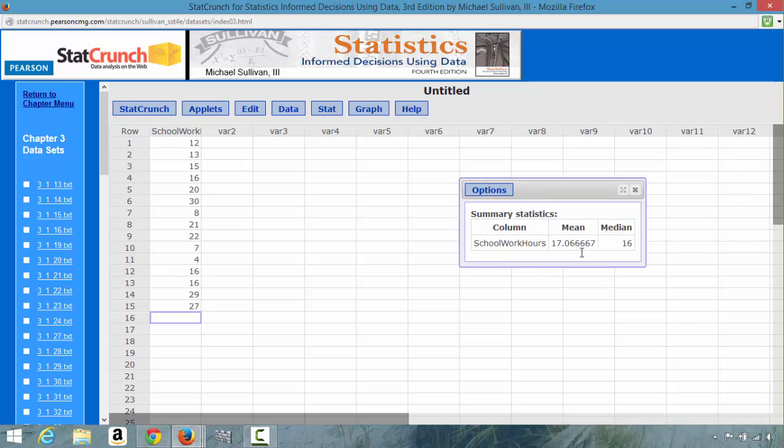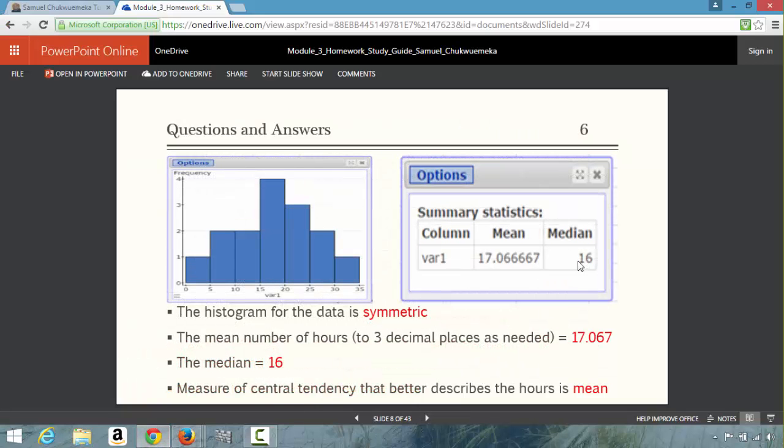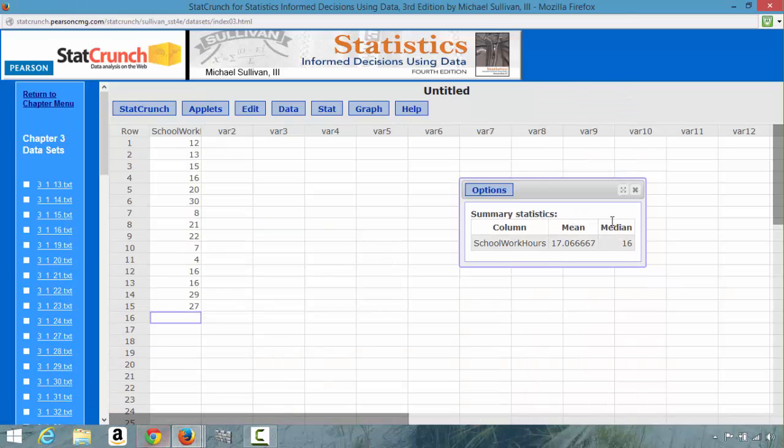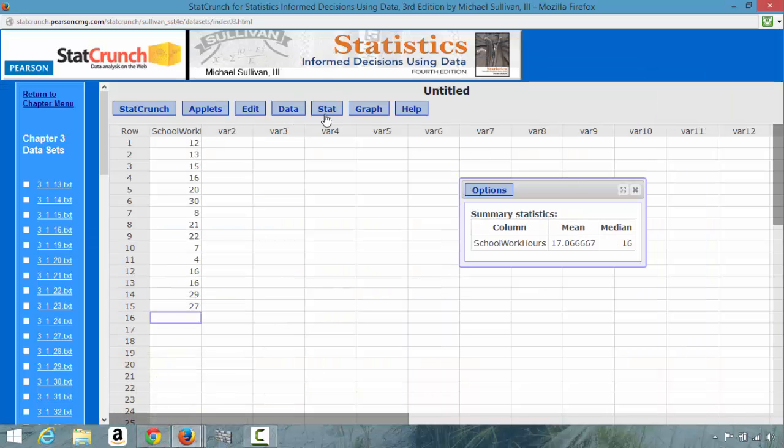So if you do that, you see this is the mean and this is the median. Oh, I didn't name the variable here. But that is the way you do it. And if you want to draw the histogram, we go to Graph.